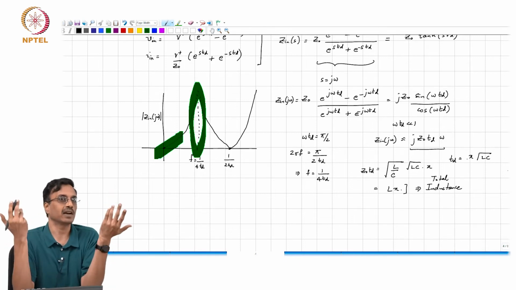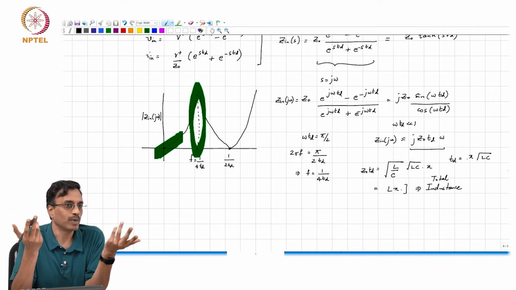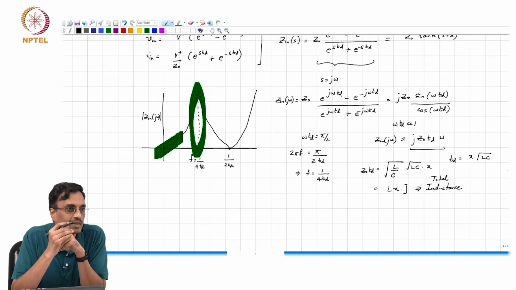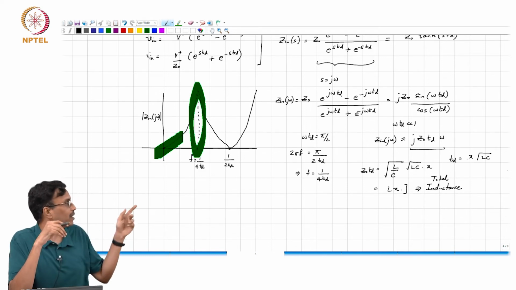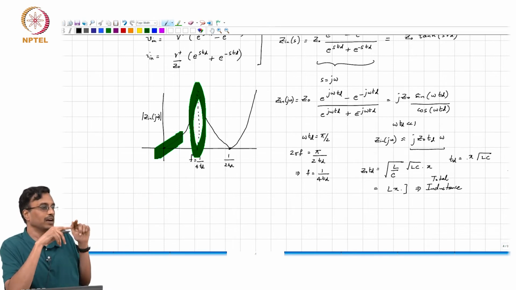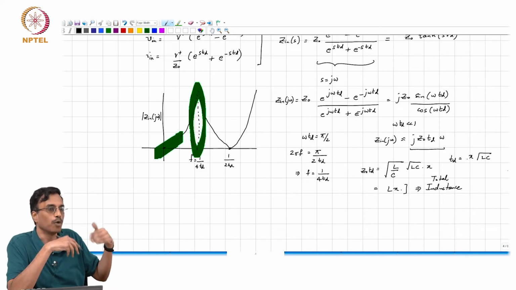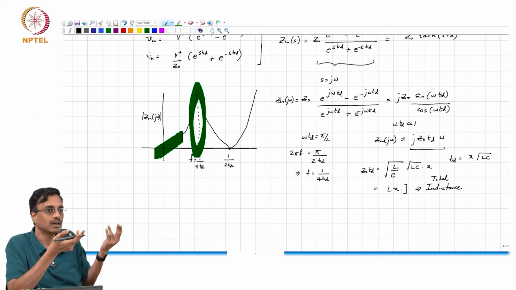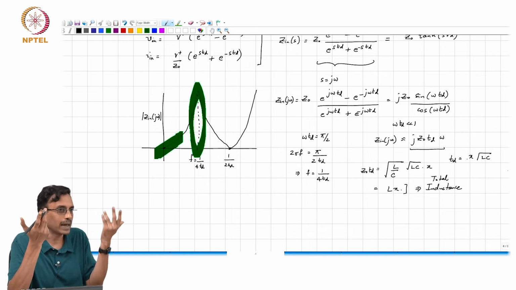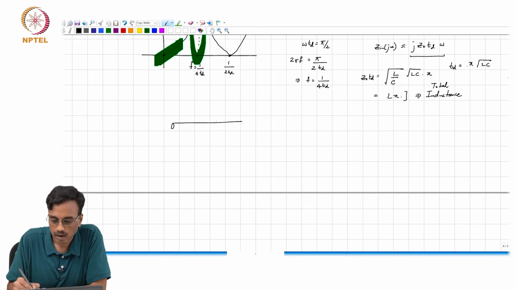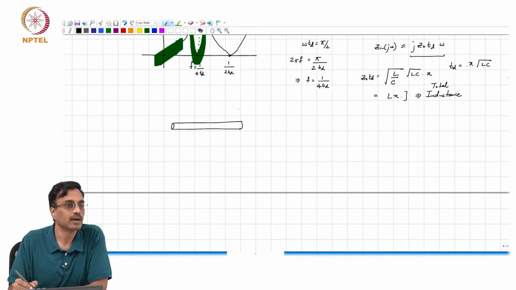And if a perfect short circuit doesn't exist, what comment can you make about the open circuit? Well, a perfect open circuit probably doesn't exist either, right. In the best case, a short circuit to first order looks like an inductance, so an open circuit to first order will look like a capacitor, right. So, let us quickly, so this is an open circuit. What is the definition of an open circuit?